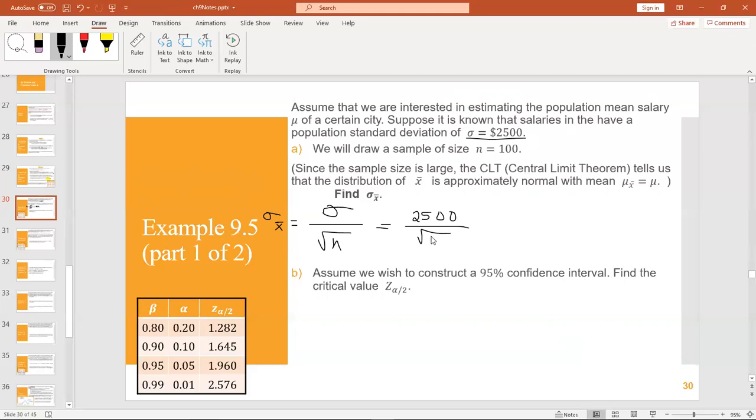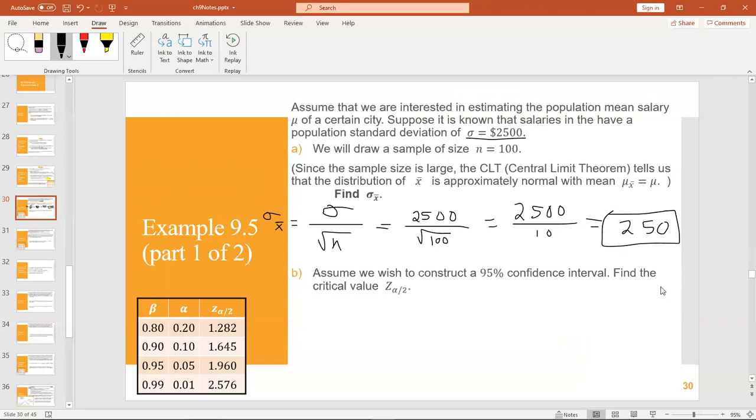So we're going to do the square root of n, square root of 100. The square root of 100 is 10. So you can do 2,500 divided by 10, and that's 250. Okay, so that's sigma of x bar.